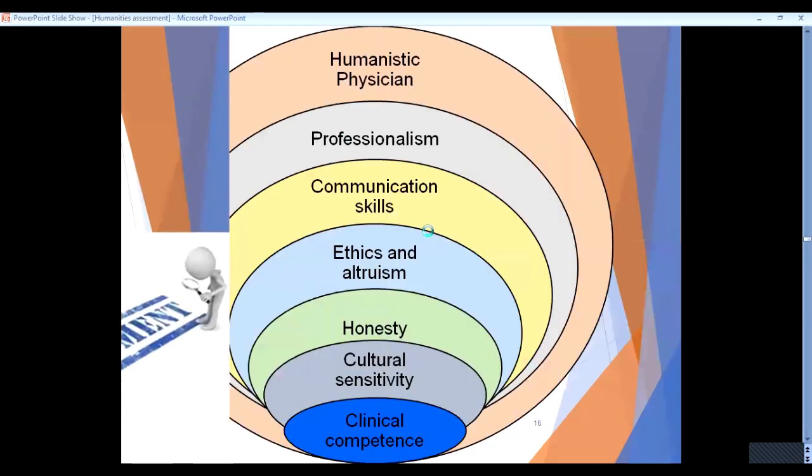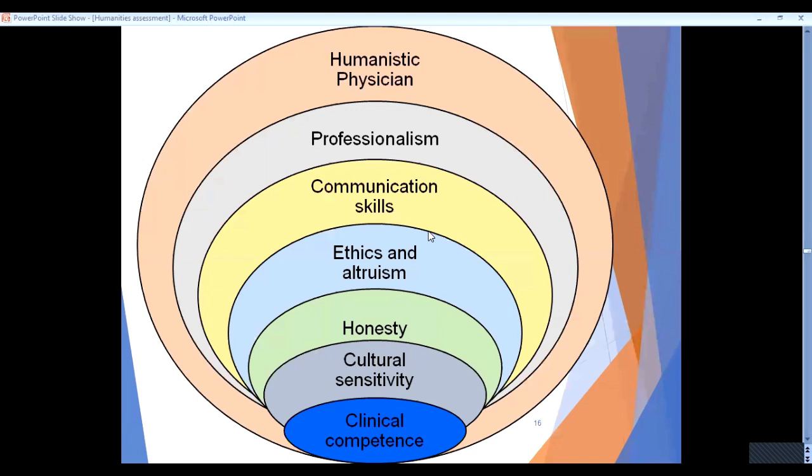So next one, please. Here you can see the various attributes. The lowermost part, the blue one, is clinical competence. Clinical competence actually forms the core of any physician. So clinical competence with the various attributes of humanities together forms a competent humanistic physician.